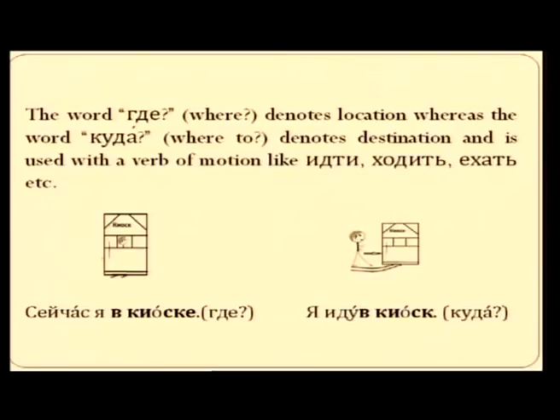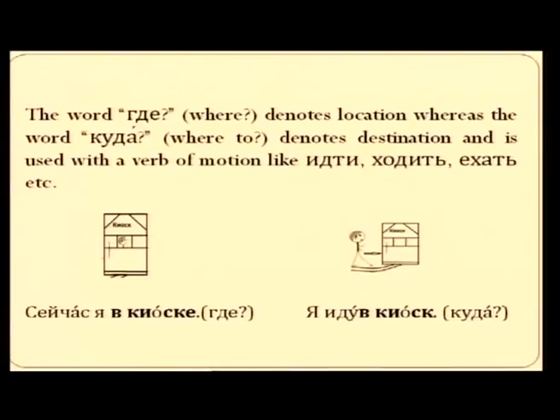We are using a preposition, but the ending of the noun is not changing because it is the verbs of motion, идти and ходить. Here идти is being used in a conjugated form and the question we are asking is куда. Let us pay attention to the usage of these sentences.